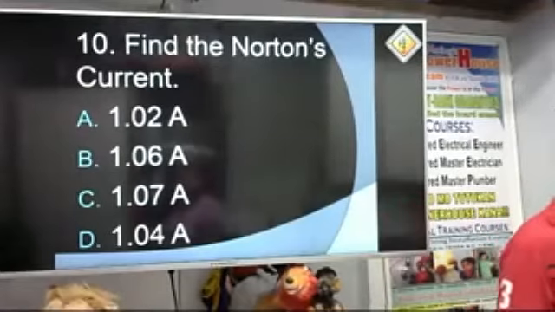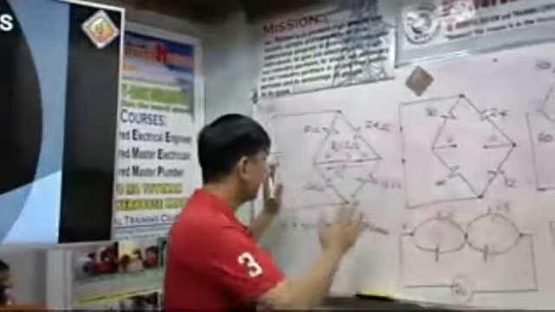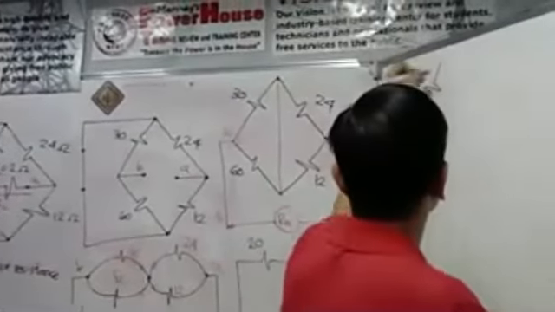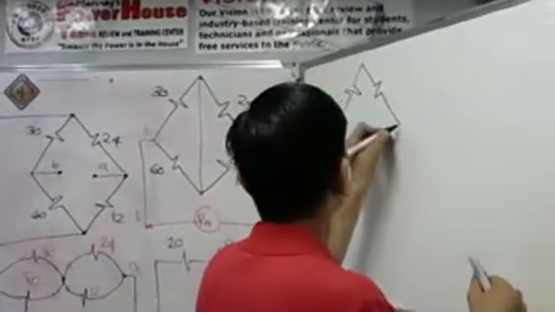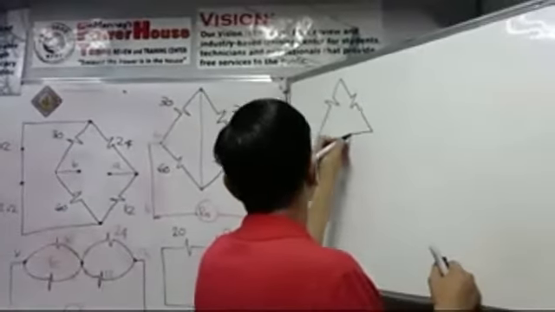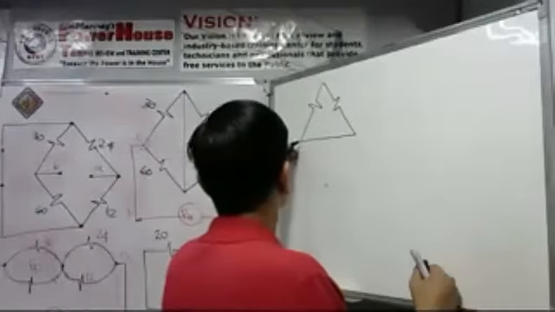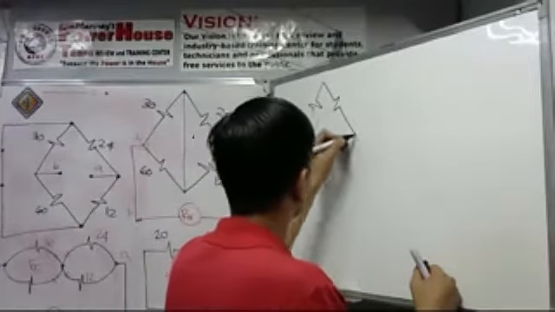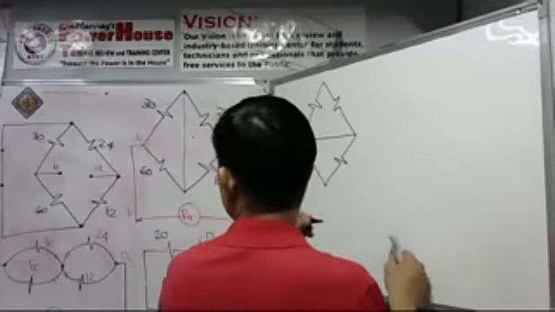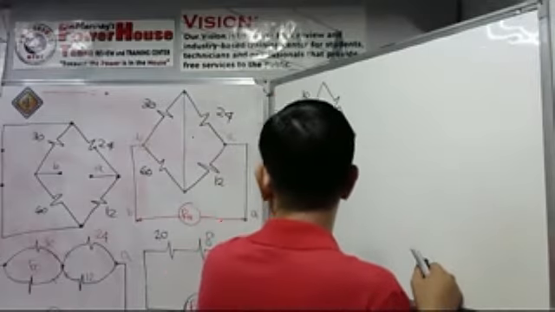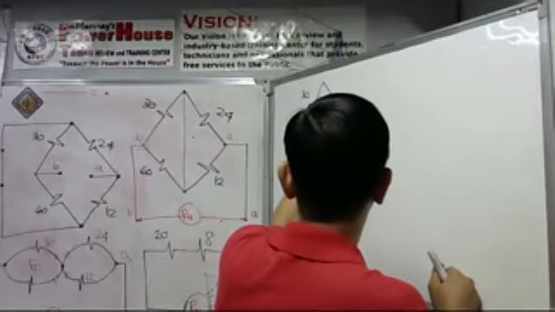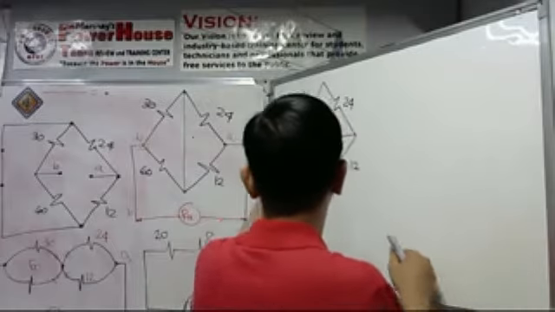Take a look here, guys. I have to disconnect our 2 ohm resistor here. I will redraw the circuit. We have our 30, 60, 24, 12 ohms.